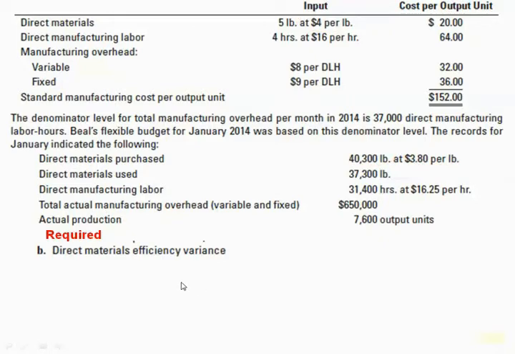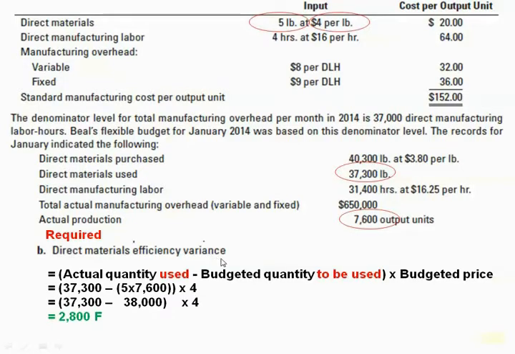Requirement number 2: calculate direct materials efficiency variance. Efficiency variance equals actual quantity used minus budgeted quantity to be used, multiplied by budgeted price.